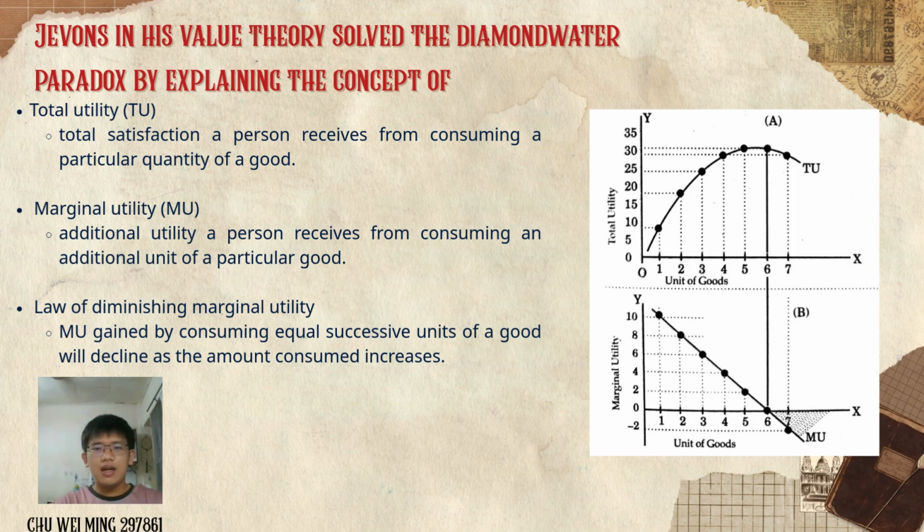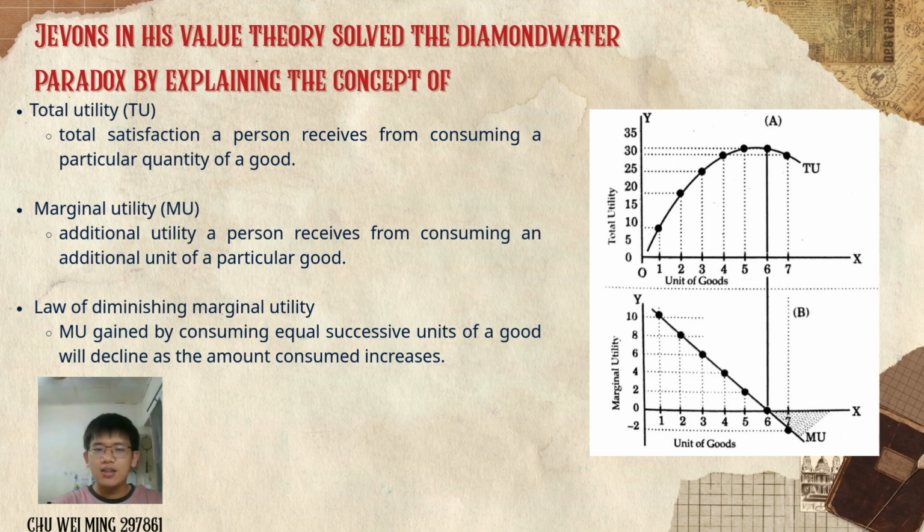And now we will look at how the concept of marginal utility can solve the diamond-water paradox. As we know, total utility refers to the total satisfaction a person receives from consuming a quantity of a good, and marginal utility refers to the additional utility a person receives from consuming an additional unit of a particular good.